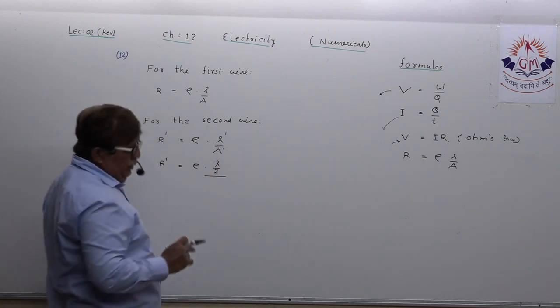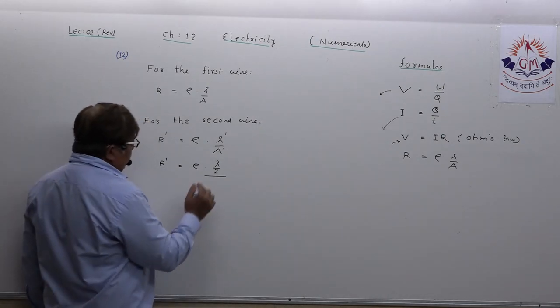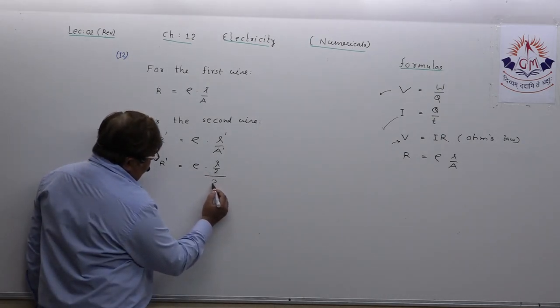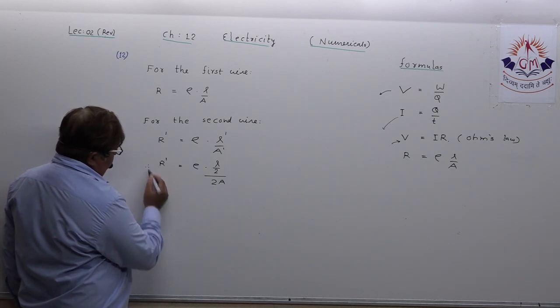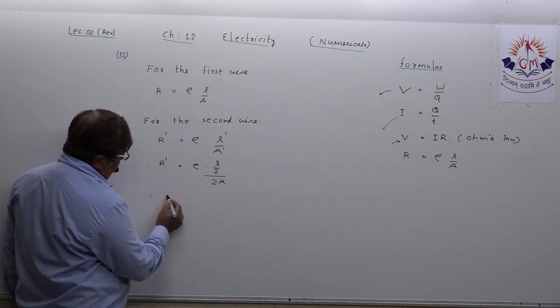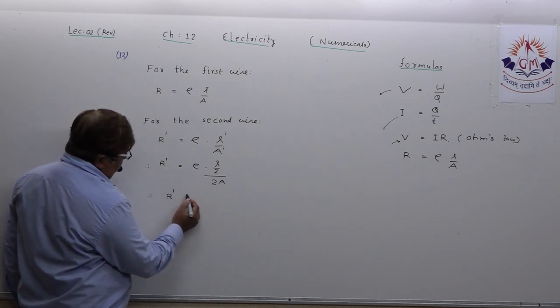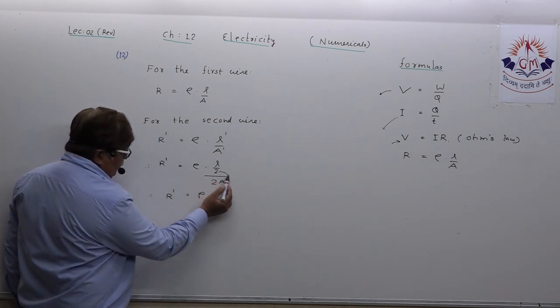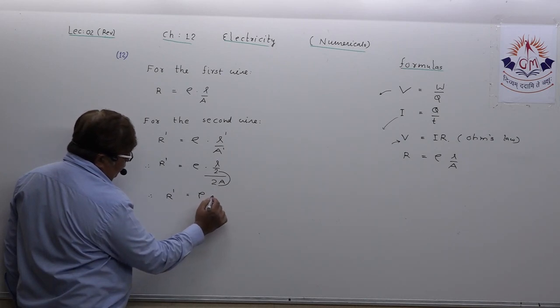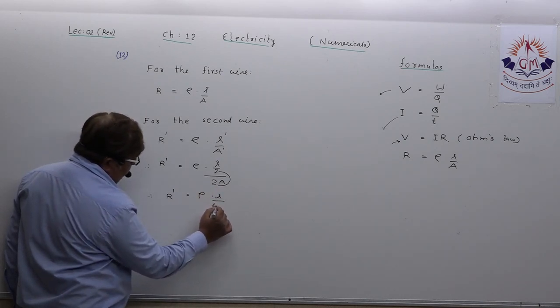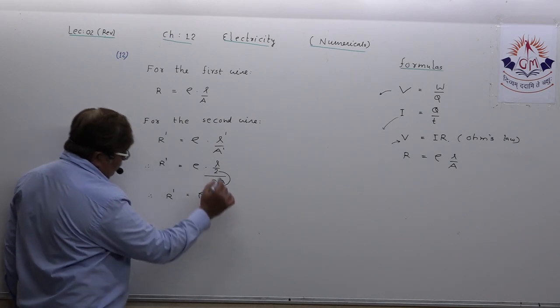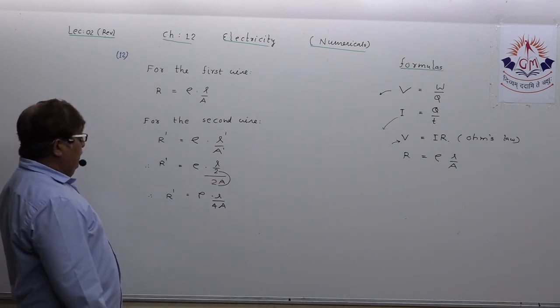Instead of A dash, what is the area of cross section given? 2A. Becoming clear in your mind? Therefore, R dash equal to rho. These two can be transferred here. So this is looking like L upon 4A. First, is it clear in your mind?